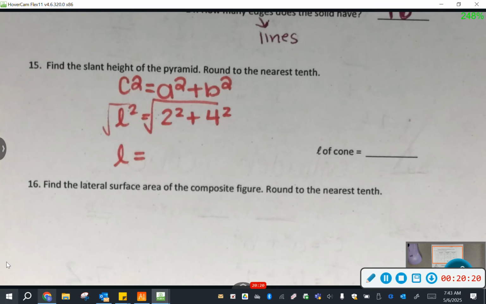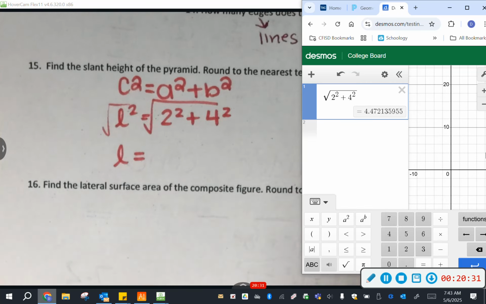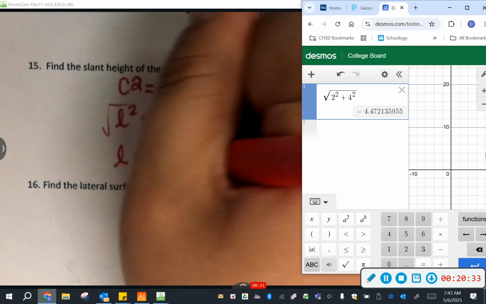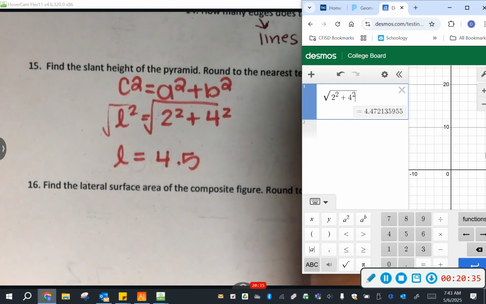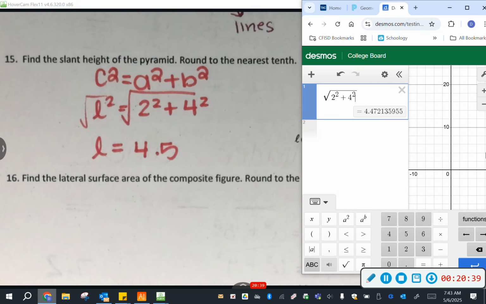Is that what we got? Yeah, what was it? And when we type it in the calculator, what is 2 squared plus 4 squared? Oh, that is it, yeah. It's 4.5, because it rounds up, because after the 4 is a 7. So 4.5 is my slant height.